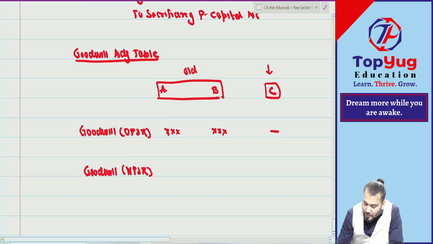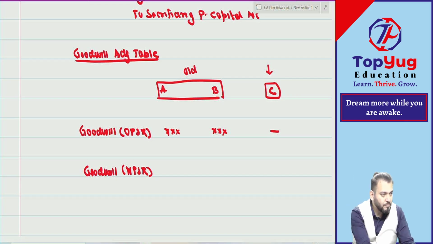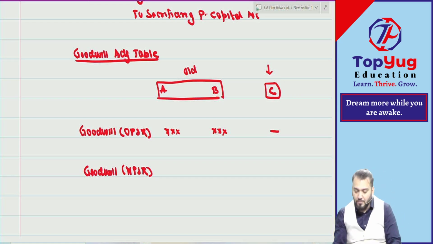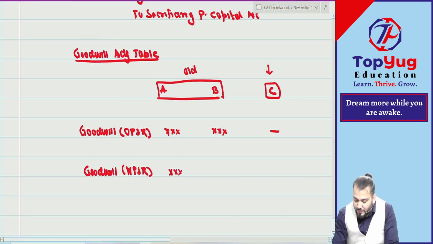So can I say it will be ABC? It will be ABC. Write down. Now, goodwill will be allocated to old partner in OPSR. Then goodwill will be allocated to new partner in new PSR. Then can I say in case of admission all will be new partners?